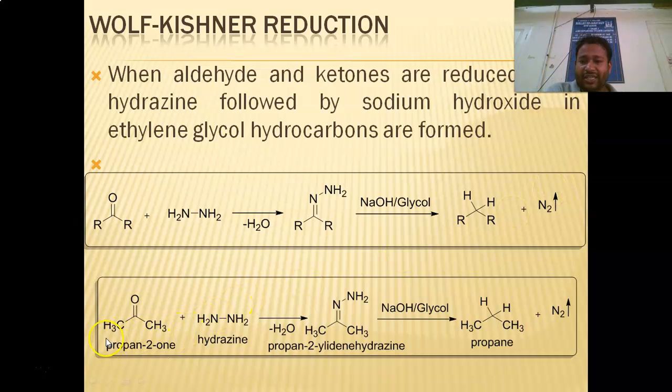So here I have taken acetone, propan-2-one, which undergoes reaction with hydrazine and forms the corresponding hydrazone, acetone hydrazone, also named propan-2-ylidene hydrazine. In the presence of sodium hydroxide and glycol, it forms the corresponding propane. So conversion of ketones into the corresponding alkane with elimination of nitrogen is called the Wolff-Kishner reduction reaction.